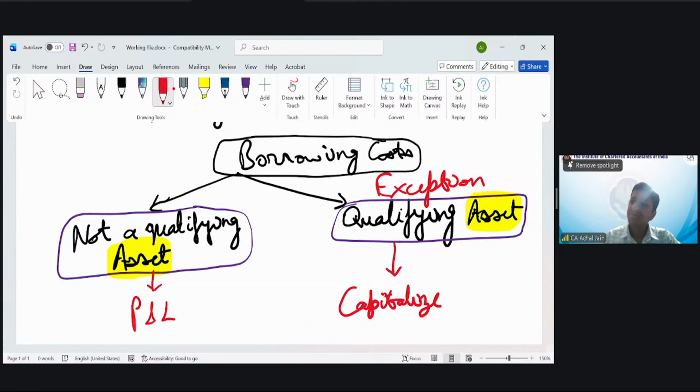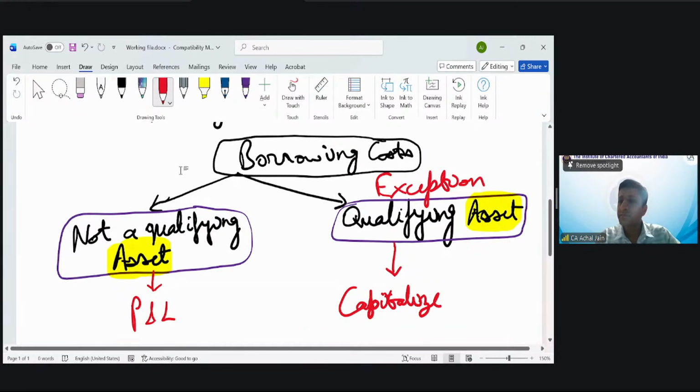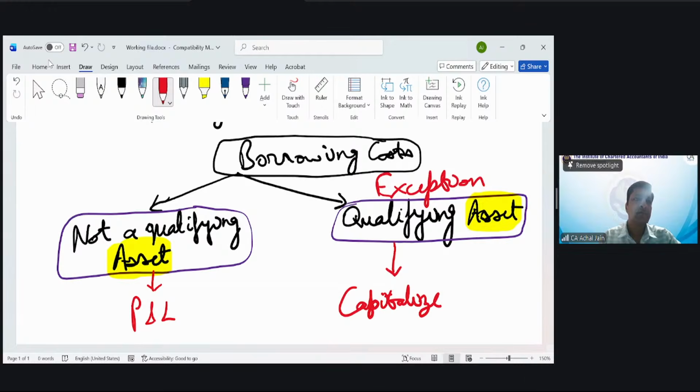Clear? If the same asset is in this question, suppose, for example, an inventory is being produced or manufactured over a period of 12 months, and the same inventory, in a larger quantity, is produced in a period of less than 12 months.